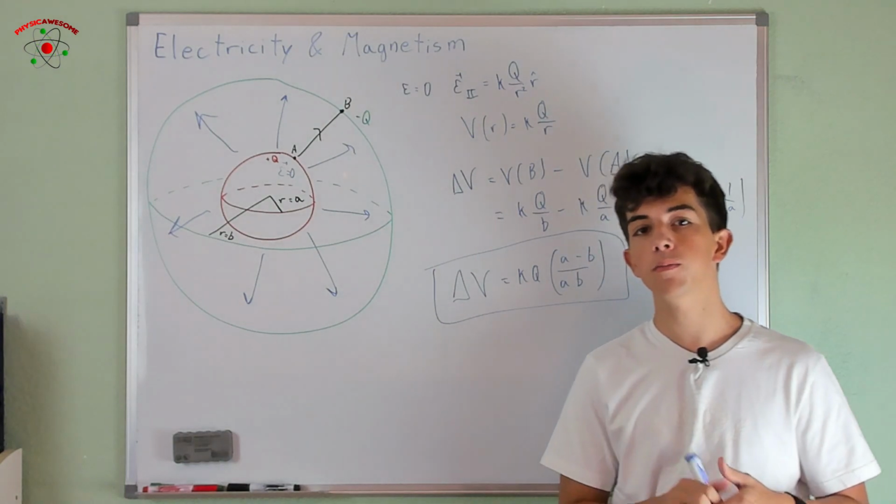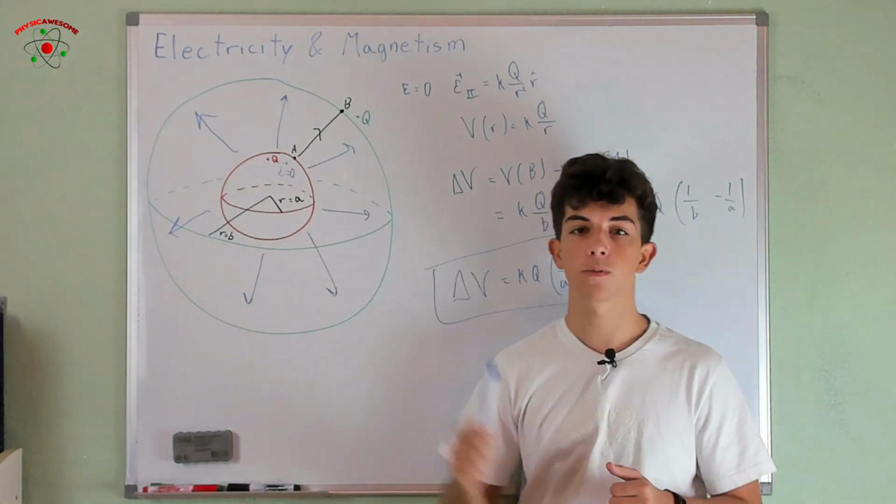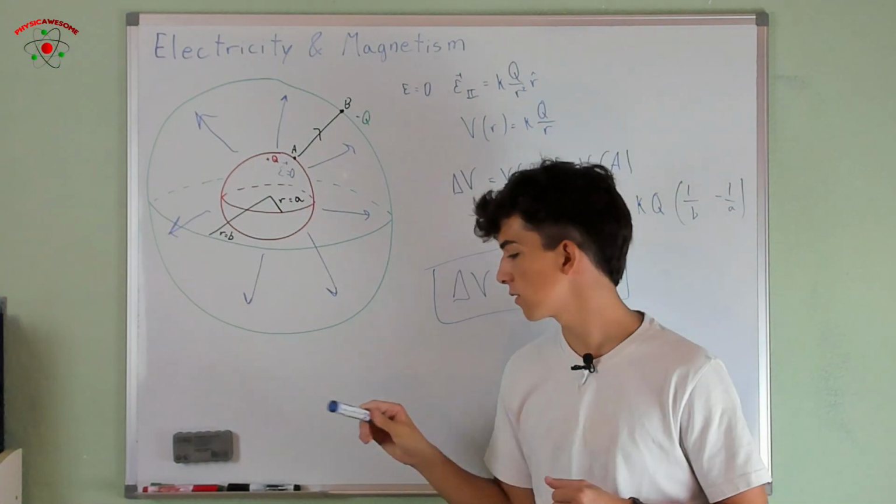And that is the difference in potential between two spherical cells.